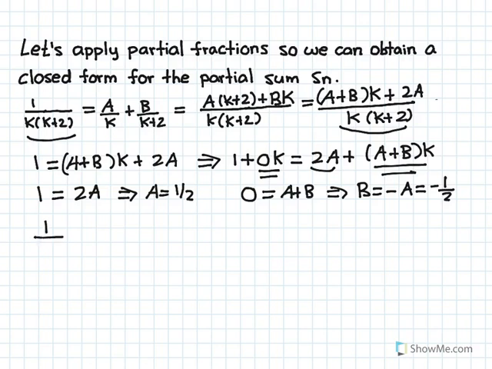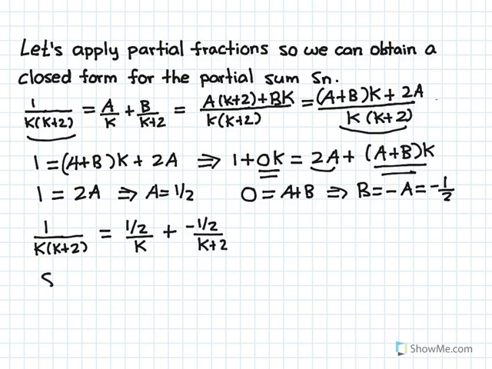So 1 over k times k plus 2, we applied partial fraction decomposition. We can write this as 1/2 divided by k plus negative 1/2 divided by k plus 2.